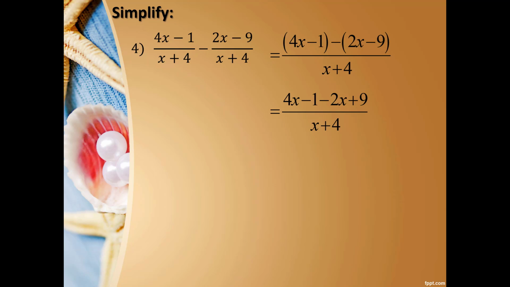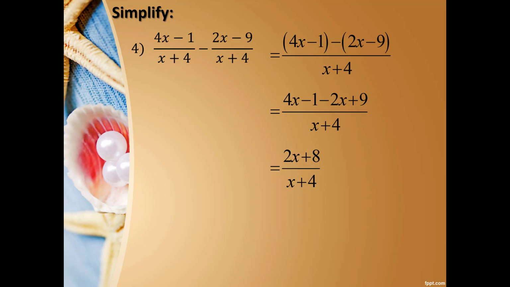So now let's combine like terms in the numerator. To do that, we should take 4x minus 2x, in which case we'd get 2x. And we have a minus 1 plus 9. Well, 9 minus 1 is 8. So we should get 2x plus 8 on the top. All of that is still divided by our x plus 4 because we haven't done anything with our denominator.